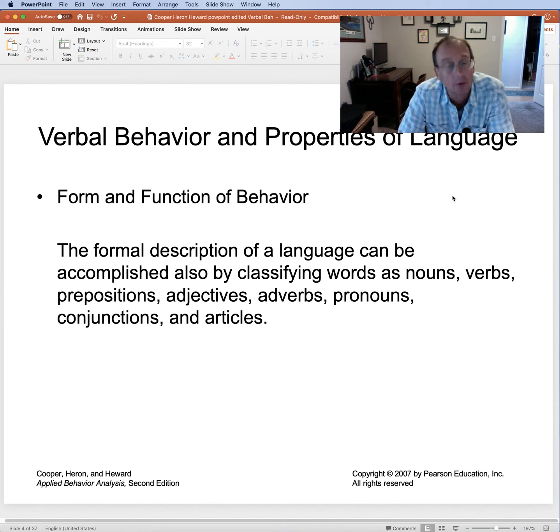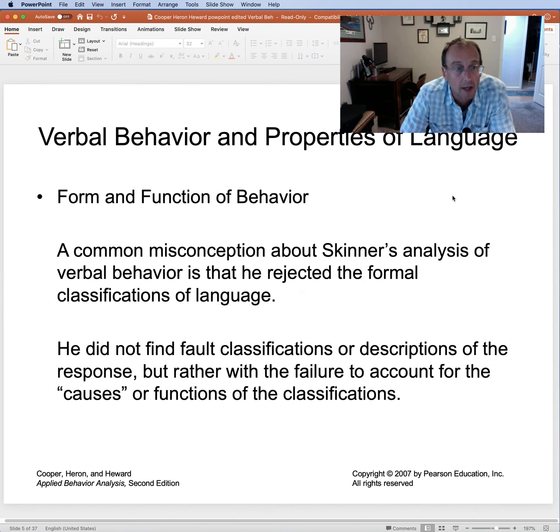And that is truly getting at the function of why we say certain words versus other words versus saying nothing at all sometimes. But what we typically look at is not necessarily trying to clump language by noun, verb, and those kinds of structure and function. We typically look at what kind of antecedent stimuli set the occasion for us to say certain words and what kind of consequences will maintain us saying those words.